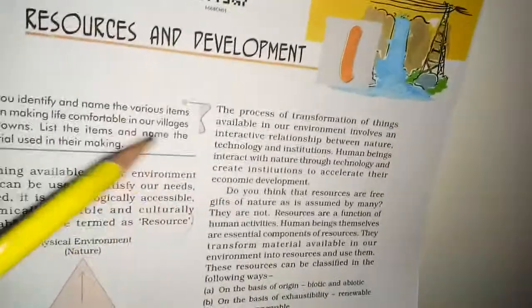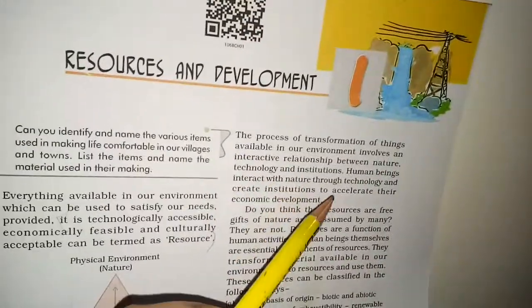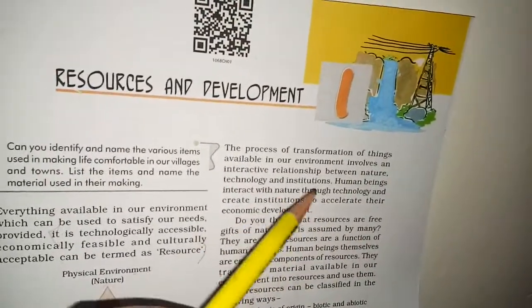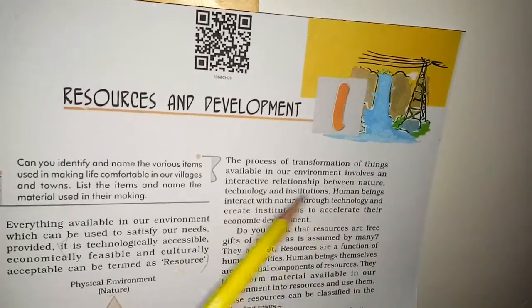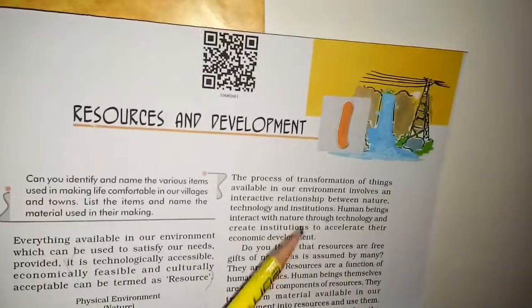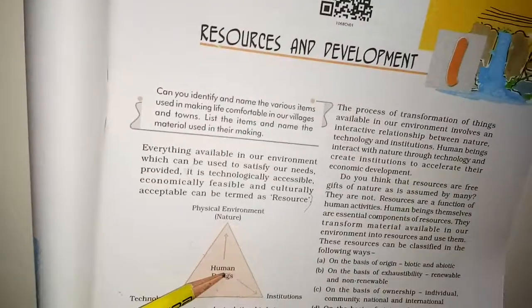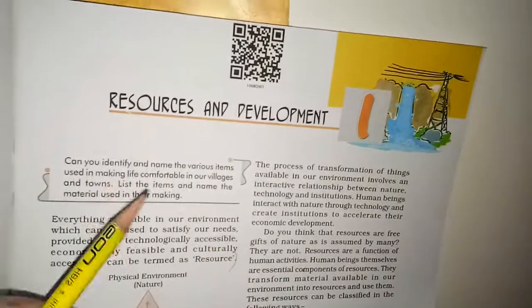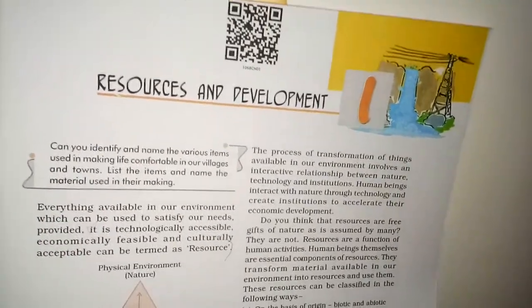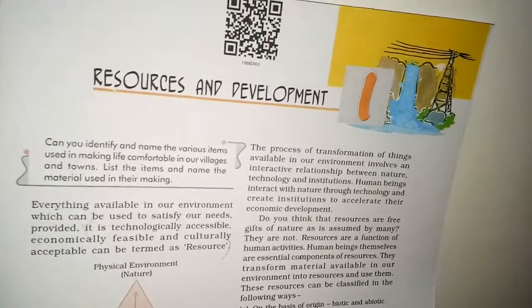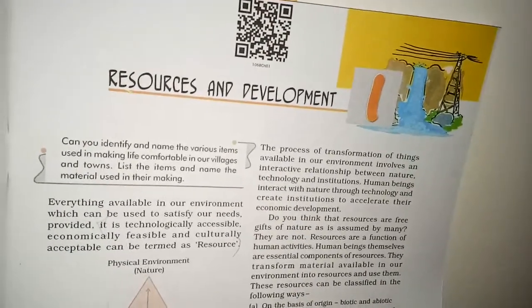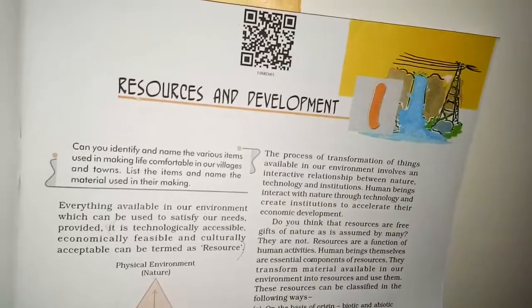Now here it says the process of transformation of things available in our environment involves an interactive relationship between nature, technology and institutions. So this paragraph talks about the diagram we have just seen.